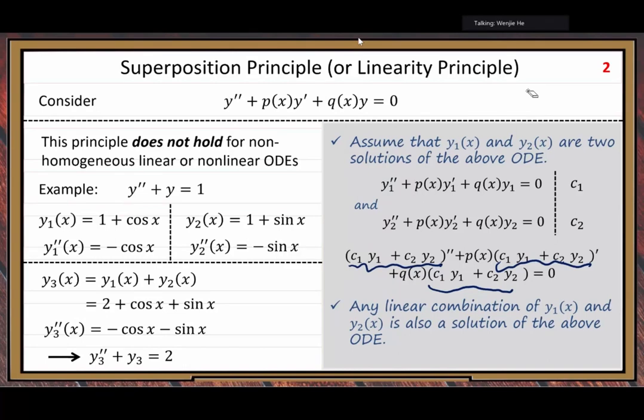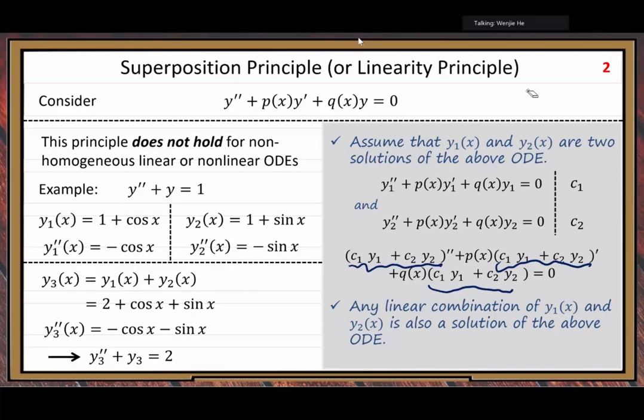You can apply it. So specifically, what do you mean by linearity principle, right? The linearity principle works in this situation: if we have y1, y2, both solutions of this ODE, then we do a linear combination.